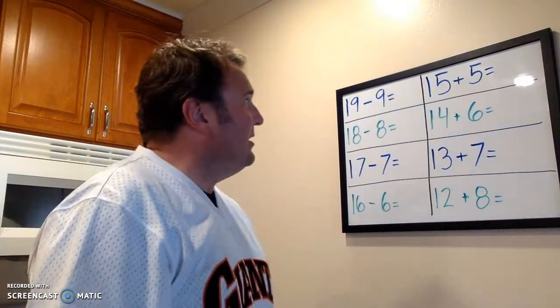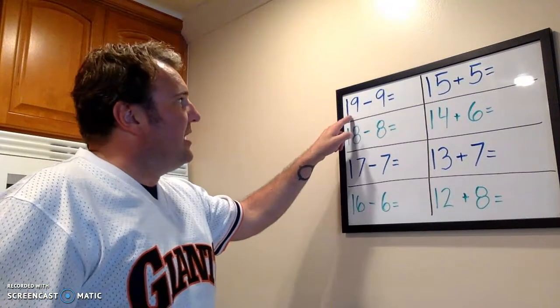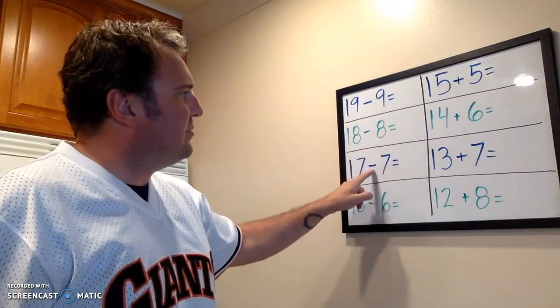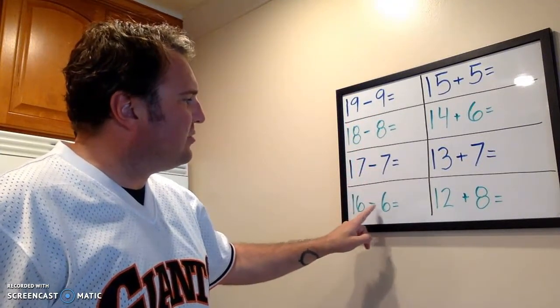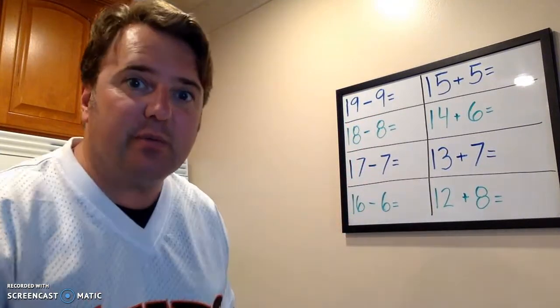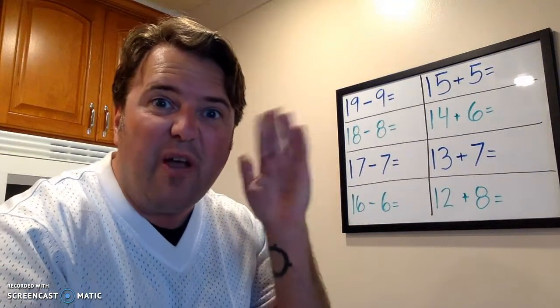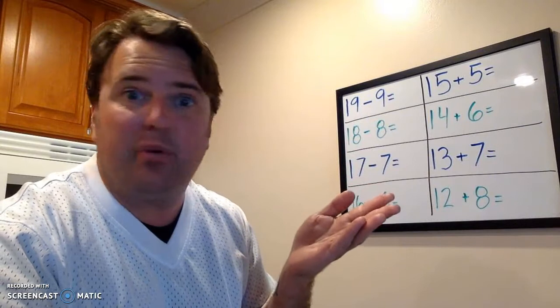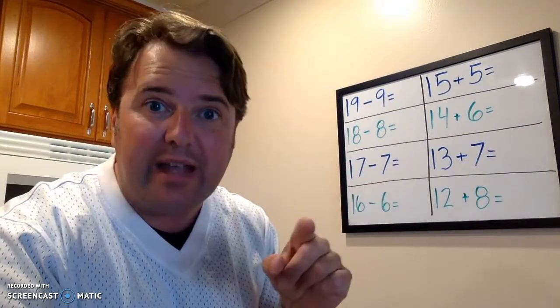All right, here we go. You're going to do 19 subtract 9, 18 subtract 8, 17 subtract 7, 16 subtract 6. Some of you might think that is just so fast and easy, you can just do it in your head. That's not the point. The point is, write neatly.